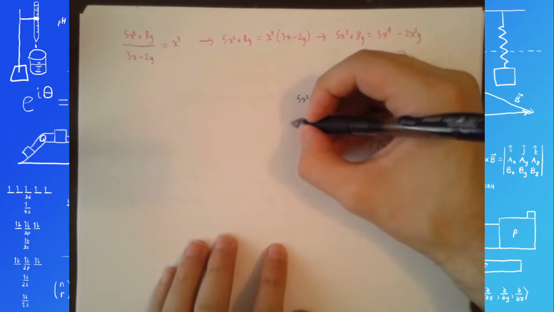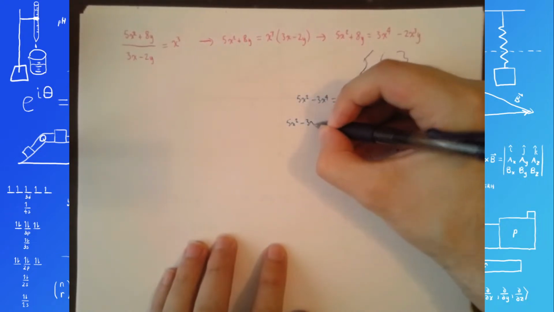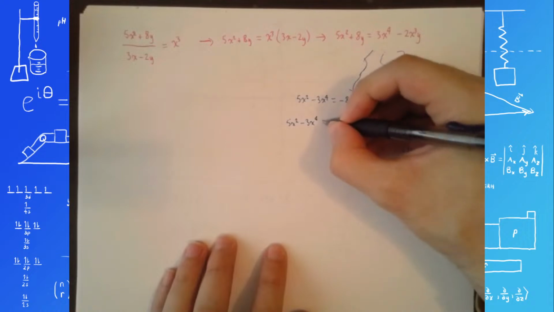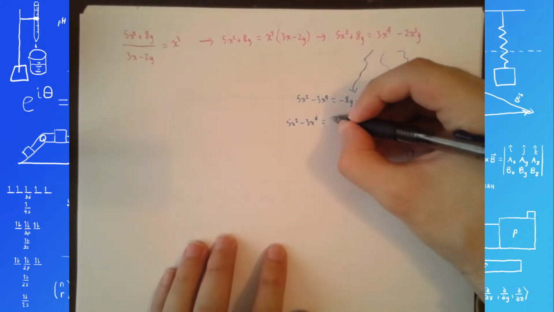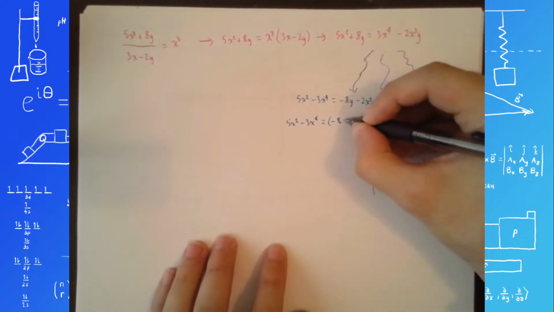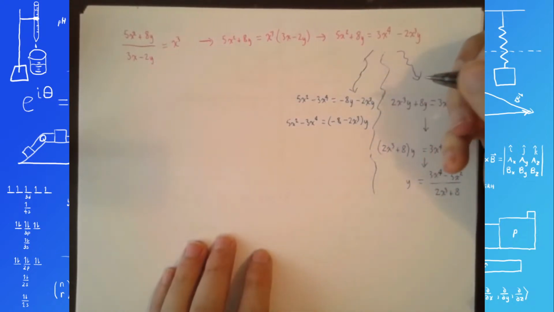Factor out the y, we get 5x squared minus 3x to the fourth equals negative 8 minus 2x cubed all times y.